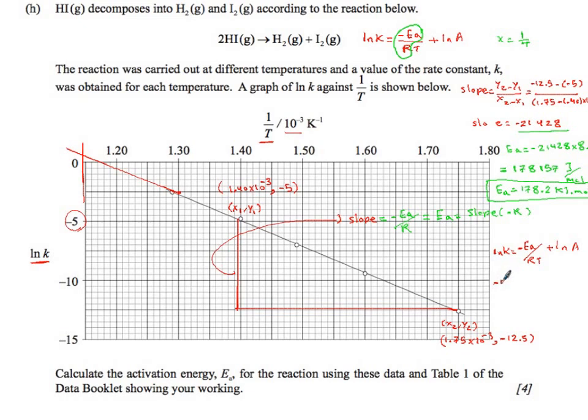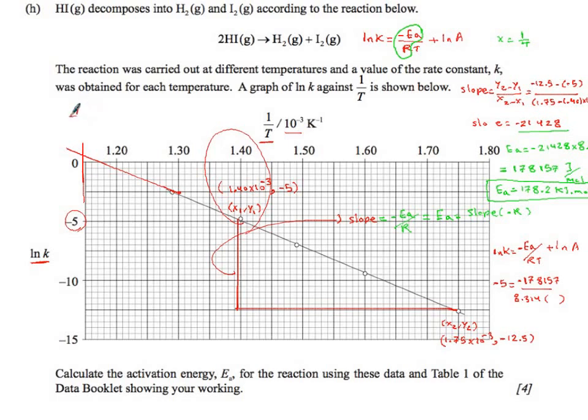So minus 5, which is natural log of k, is equal to minus Ea that I calculated. I'm going to use the joules. Minus 178,157 divided by R, which is 8.314, multiplied by temperature. Now don't forget the temperature should be 1 over this.